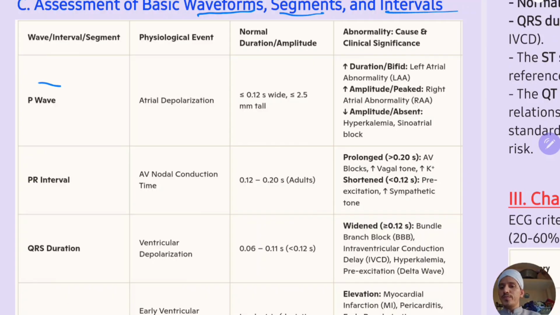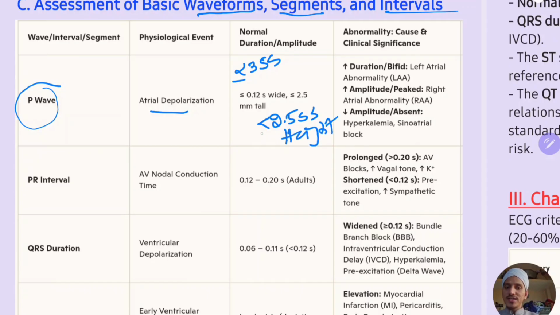Okay, so P wave represents atrial depolarization. Normally it will be less than or equal to 3 small squares in width and less than 2.5 small squares in height.